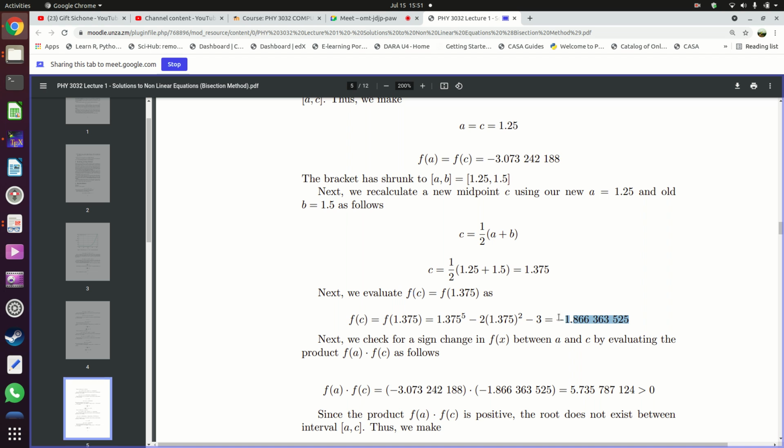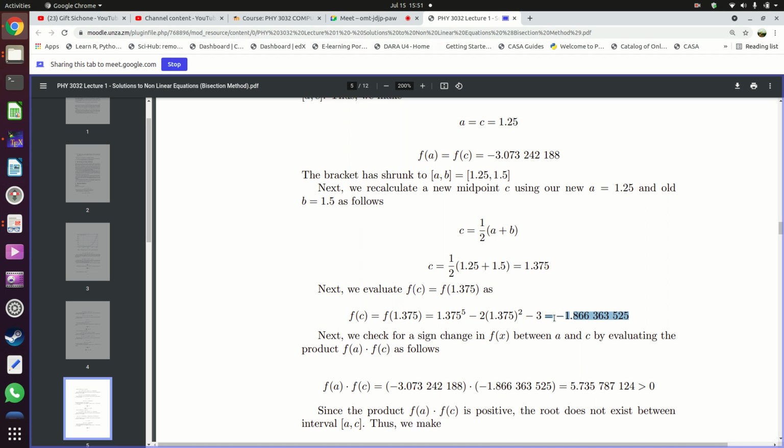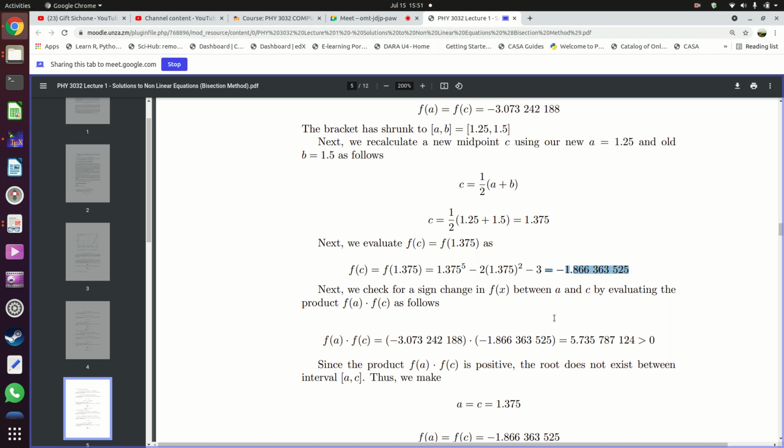This is a negative. So the function at this new midpoint has got a negative value. You've got a midpoint, C, which has got a negative value. You've got your A, which is 1.25, and at 1.25, your function is also negative.